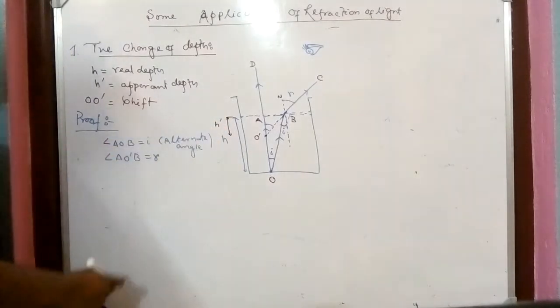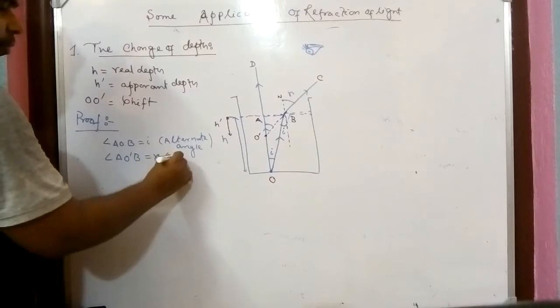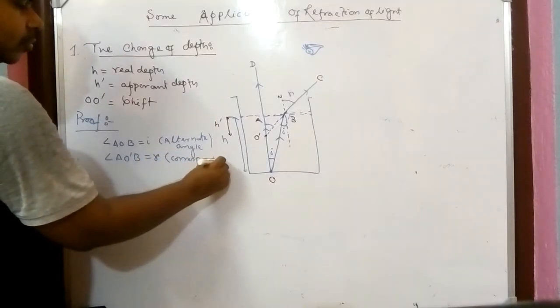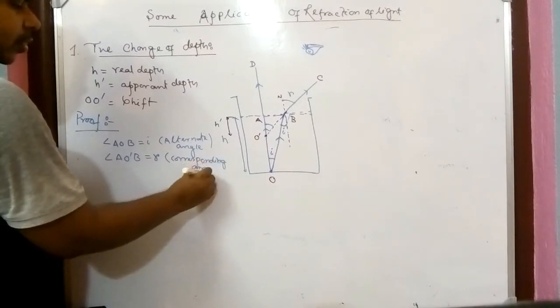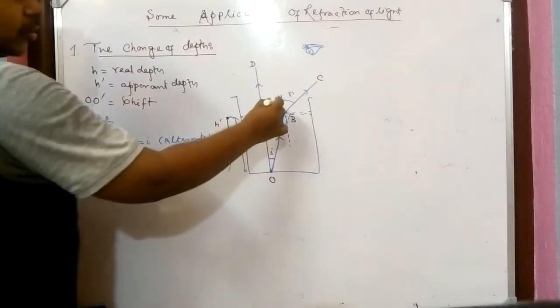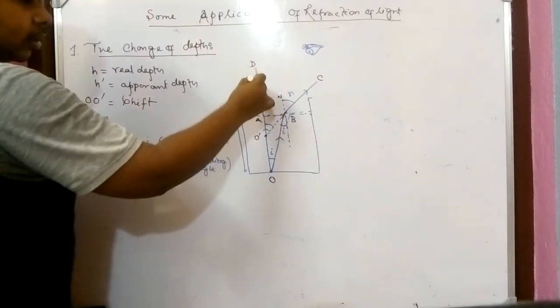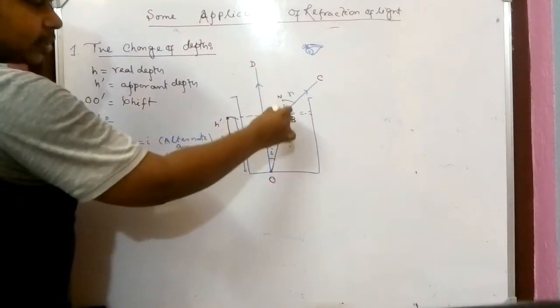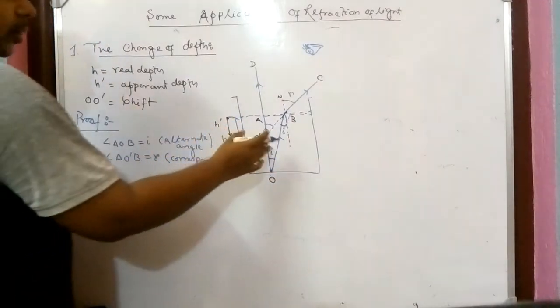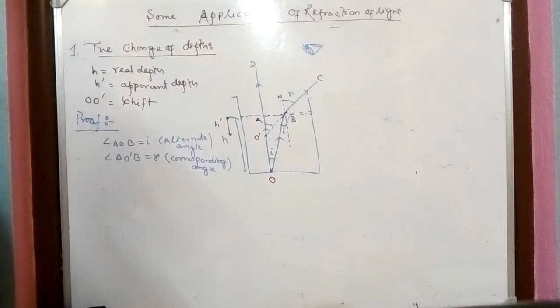Because these are corresponding angles. So we are using the maths of class 7 only, nothing else. Just these two lines, because this DO and this N, these two lines are parallel to each other. So for that reason, we have taken this.